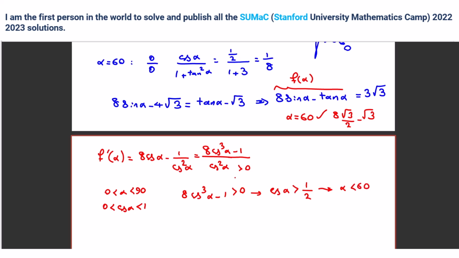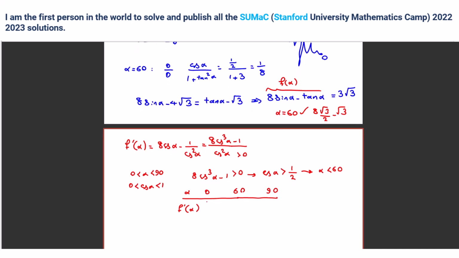So for less than 60, what can we say about f prime alpha? We have 0, 60, 90. When alpha is 0, f prime is undefined, we don't need to consider it. For 60, it is what? At exactly 60, it's 0, right?